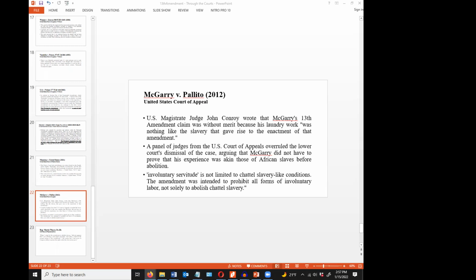Hold on, let me scroll through my notes because I don't want to freestyle that one. So in essence, the court was really just saying that since they're not human, then the 13th Amendment doesn't apply to them. That was their ruling on that one.